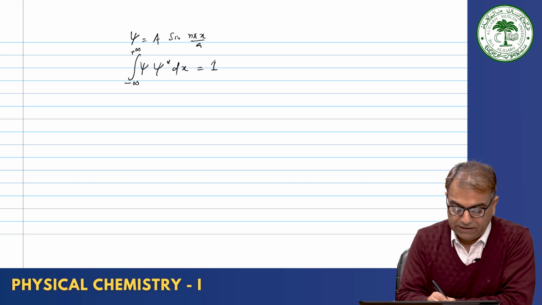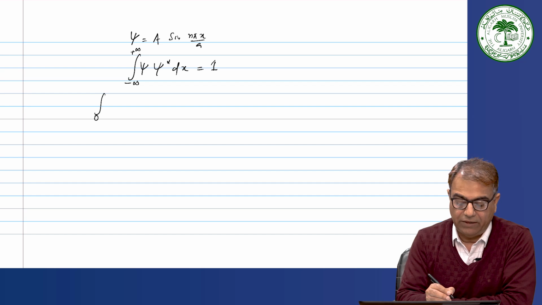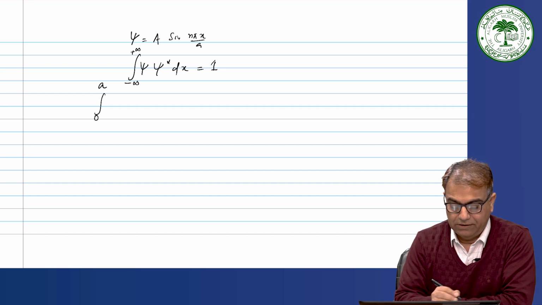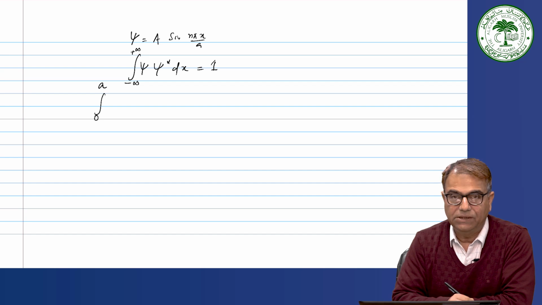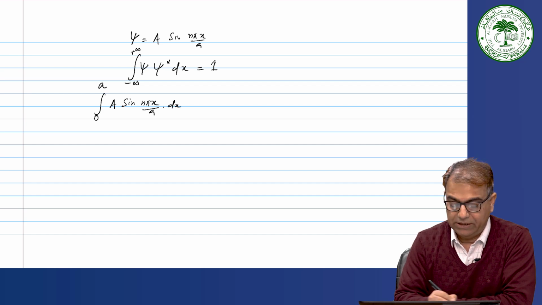Your system starts from 0 point, and the upper limit is a, so the limit of the integral will be 0 to a, and your function is A sin(n pi x upon a) dx.